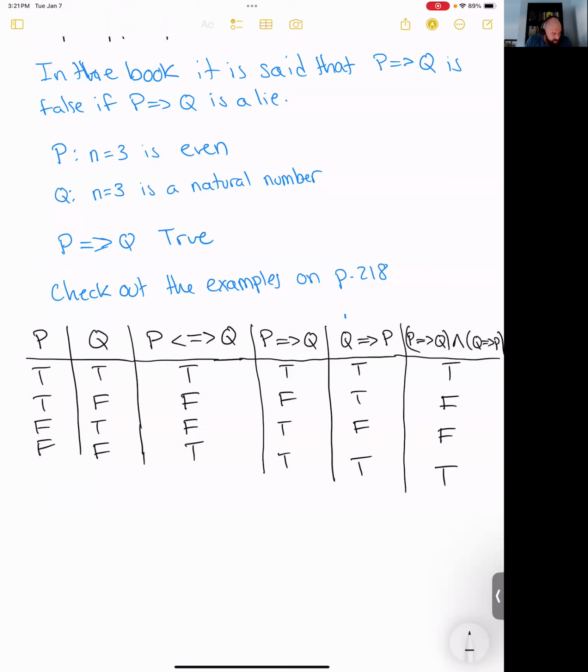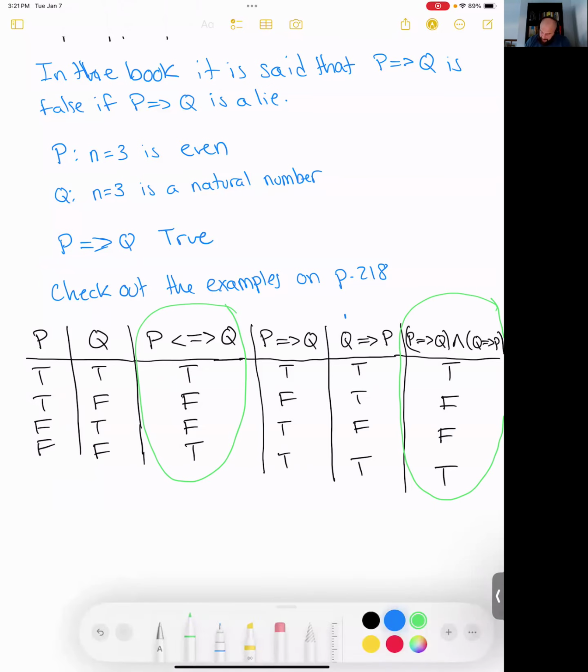Okay, so what that tells you is that this definition that I gave over here is equivalent to what you expect, which is that P if and only if Q is if you have both implications, P implies Q and Q implies P, right? But also notice that this row is the implication, and this row is the converse.